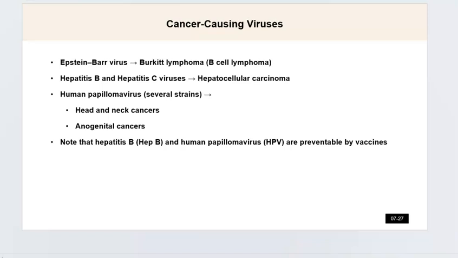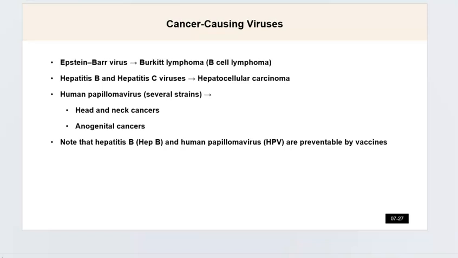And then HPV. HPV is a small sexually transmitted DNA virus, and there are more than 200 genotypes of HPV. However, when we give you vaccinations against HPV, we focus on the ones we think are most likely to lead to cancer. So subtypes 6 and 11 are associated with lesions in adults and lesions in children, but subtypes 16 and 18 have been implicated in the development of head and neck and anogenital cancers.